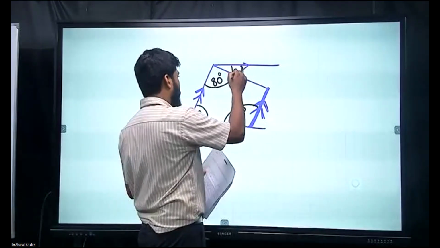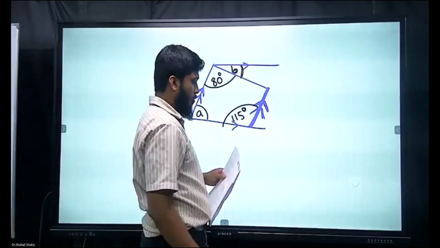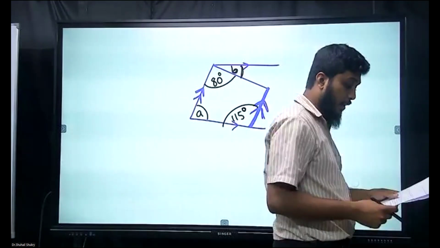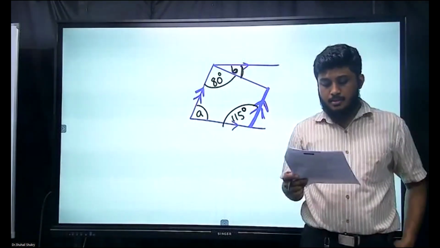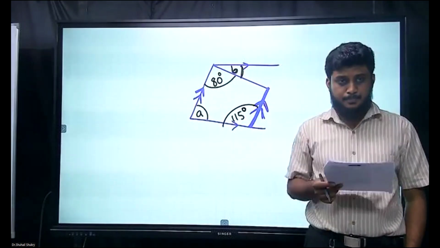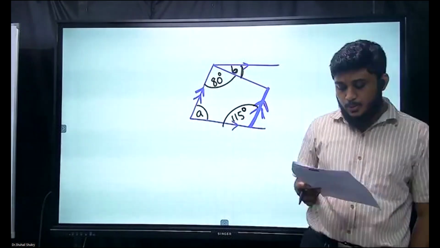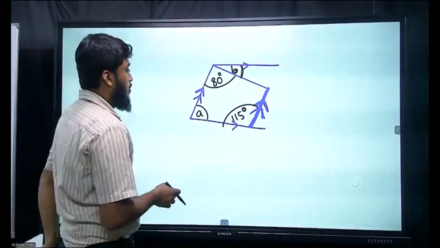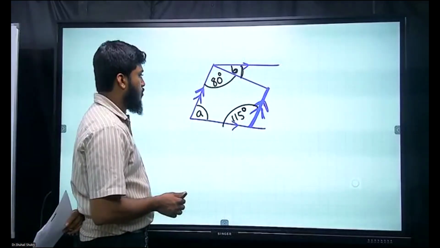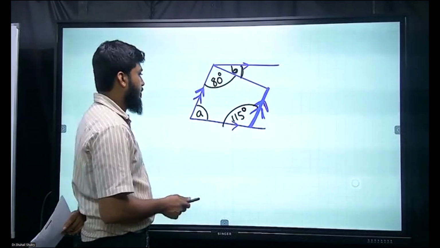And this is B. Now you have to find B. First thing, they're saying find the value of A and B. Now, how can you get the values of A and B? Now you know what this is.